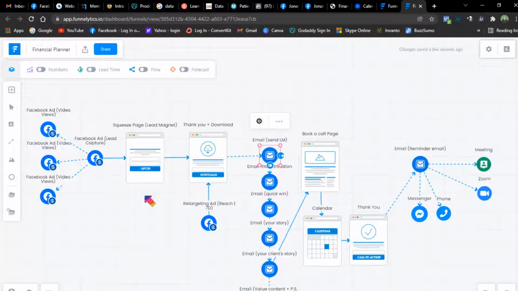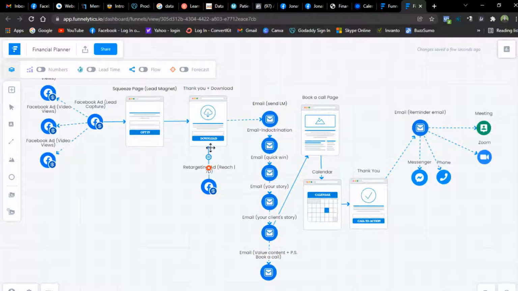So we are looking at, let's say, $1 to $3 per lead. But if you run ads to book a call, your cost per booking is going to be very high.